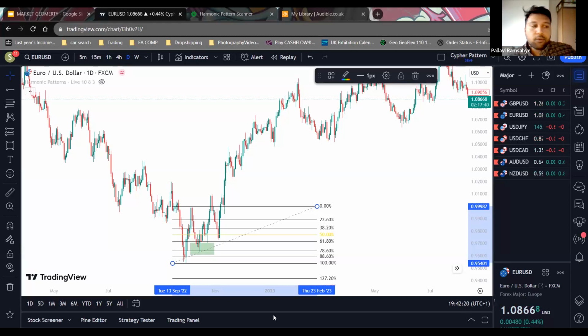When people say don't do your analysis on your phone, they're saying that because it's not accurate enough. Your placements won't be as accurate as when you're using a laptop or PC with a mouse or a trackpad. But having said that, if you're looking for quick confirmations and quick analysis, doing it on your phone is no problem.